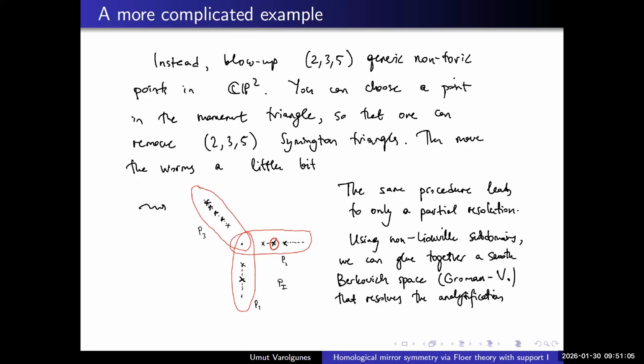You can keep working over the trivially valued commutative ring, but you have to take Berkovich spectrum. And you can glue, and this gives you a Berkovich space, which has a map to the analytification of the spectrum of SH0 and is smooth.